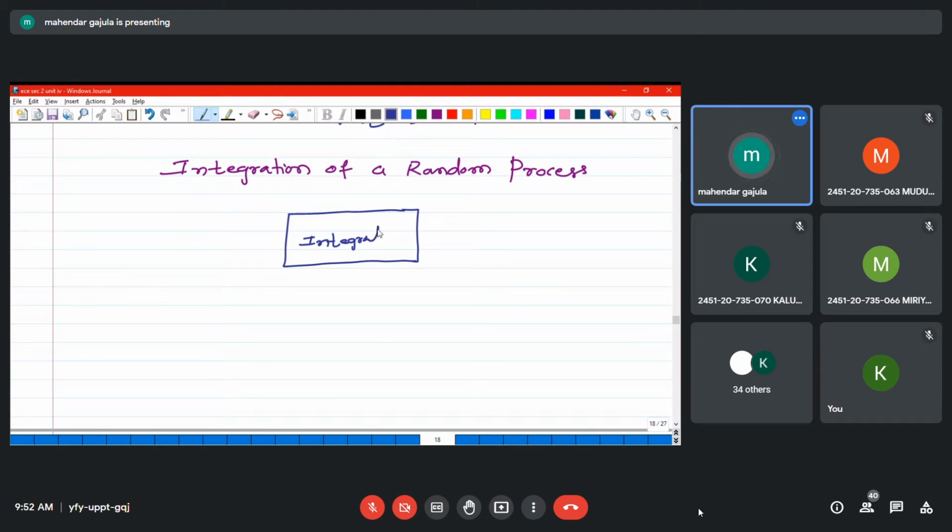It's an integrator. The input for this is a random process xt, and the output is yt, where yt is the integral from a to a plus t of xt dt, where t is greater than or equal to 0. A random process undergoes integration and gives yt.